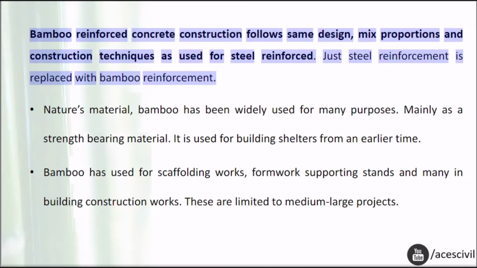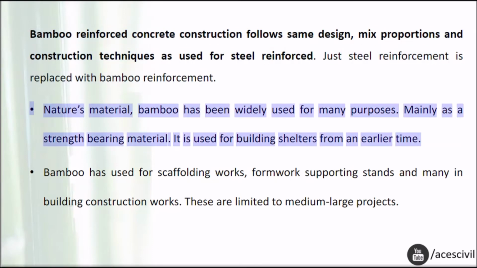Just the steel reinforcement is replaced with bamboo reinforcement. Nature's material, bamboo, has been widely used for many purposes, mainly as a strength-bearing material. It has been used for building shelters from an earlier time.